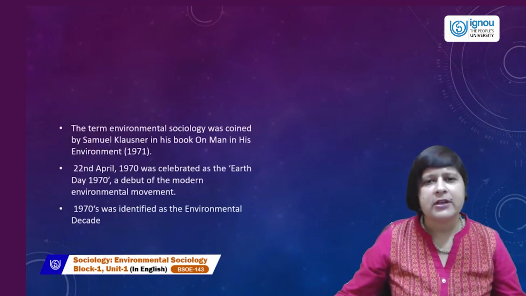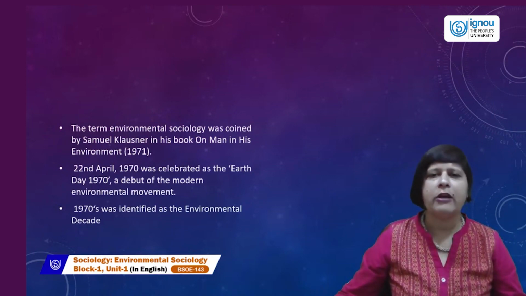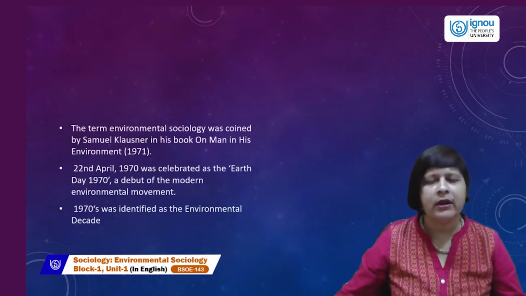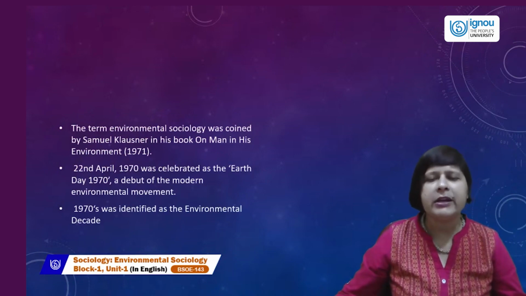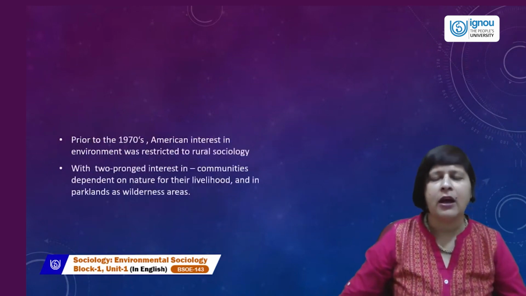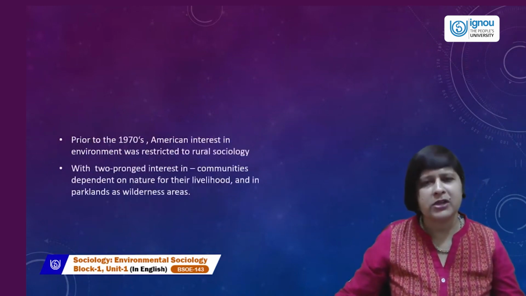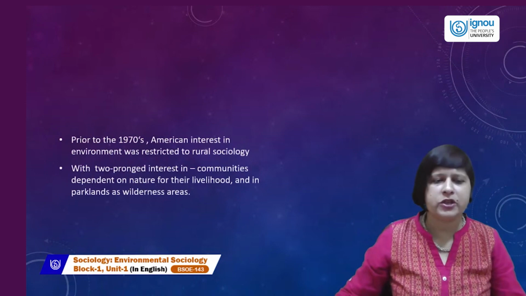In the 1970s, people started thinking about the environment and the impact of human activities on it, and how the interaction between environment and human society impacted the environment.